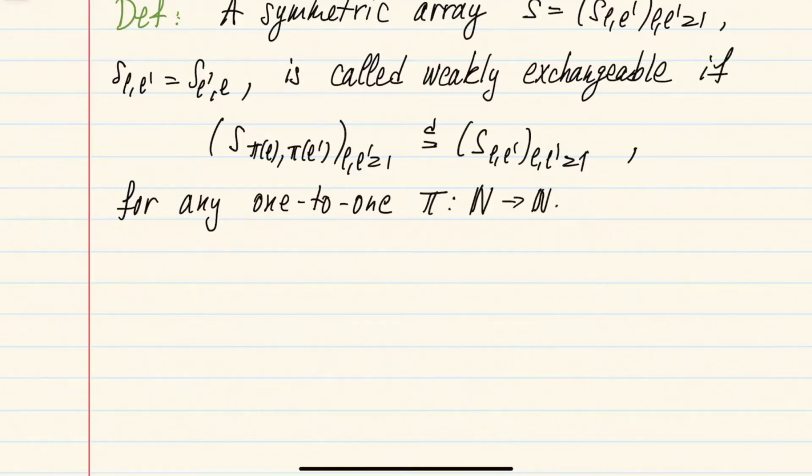In this case, we have to preserve the symmetry of the array, so we have to apply the same permutation to rows and columns.